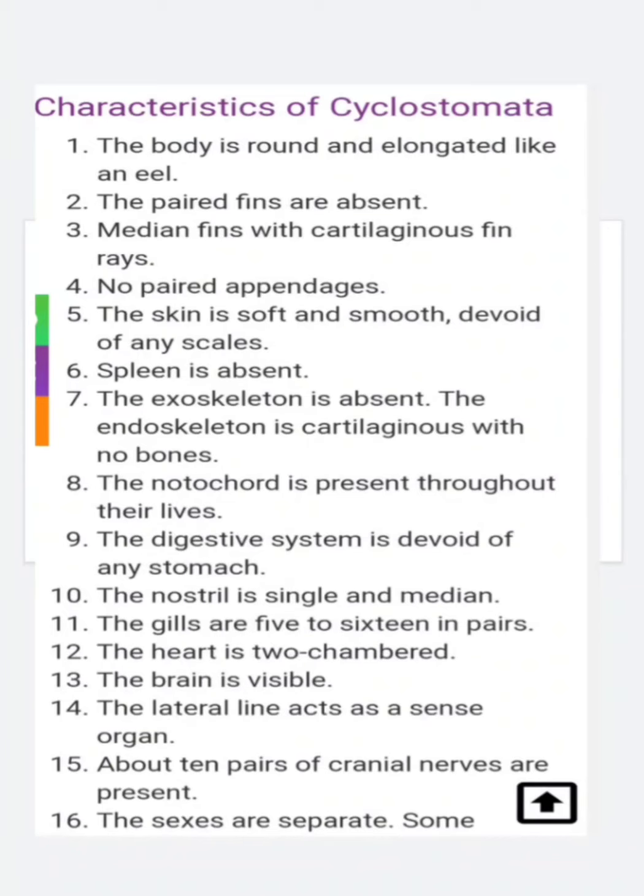The fertilization type is external, development is either direct or indirect, and the larval stage is present, and these are mostly found in freshwater and salt water, and always migrate to freshwater streams to breed. So these are the major general characters or salient features of cyclostomata.